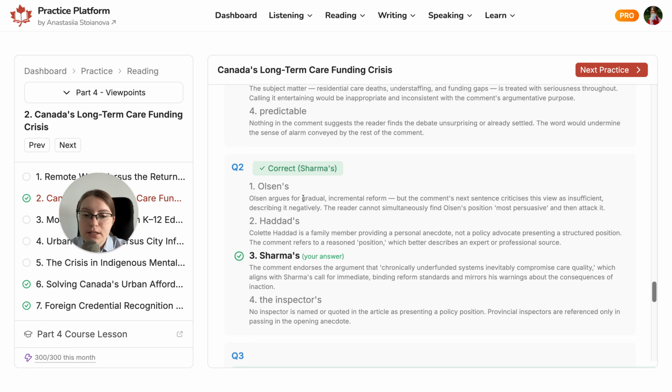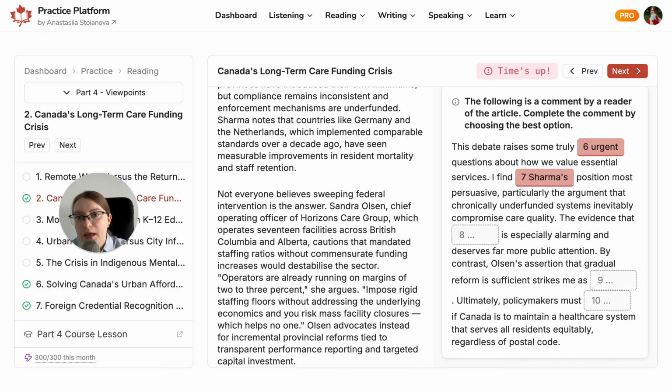And then Olsen says we need to do it gradually. But the comment's next sentence criticizes this view as insufficient, describing it negatively. So the reader cannot simultaneously find Olsen's position most persuasive and then attack this position, okay? So that's why, because we see that by contrast, yeah? So remember we are contrasting Olsen and Sharma.